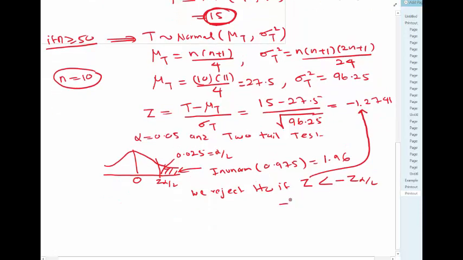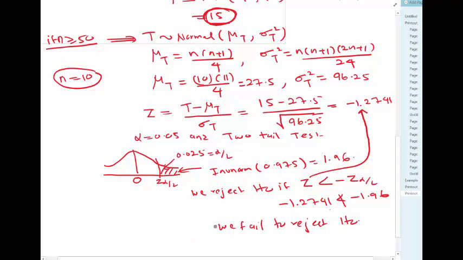It's negative 1.2741, and this value is negative 1.96. So is this true? It's not true. Negative 1.2741 is more than negative 1.96. So we fail to reject H naught.